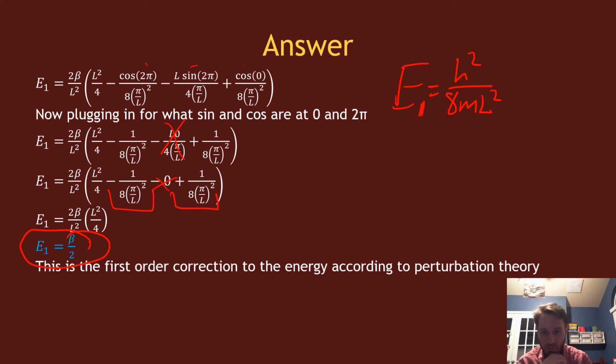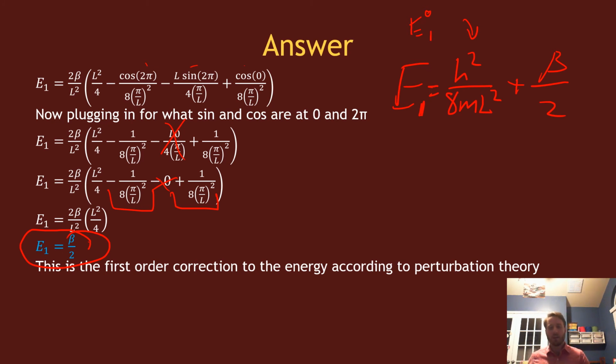So the ground state, this is E naught 1, the reference energy, and then it would be plus beta over 2, and that's it. So that would be my total energy according to perturbation theory, where I've gone up to the first order correction for this particle in the box system with an applied perturbation of that beta x potential.